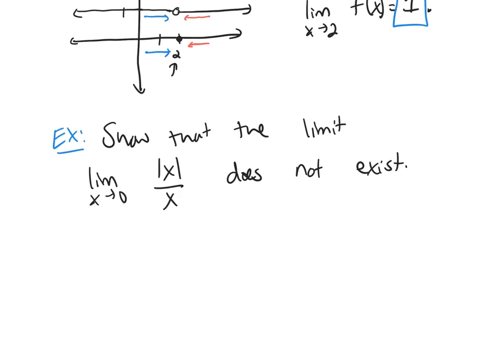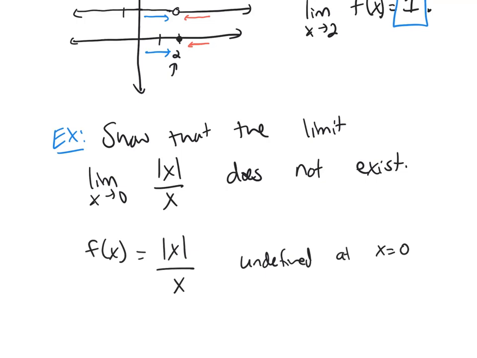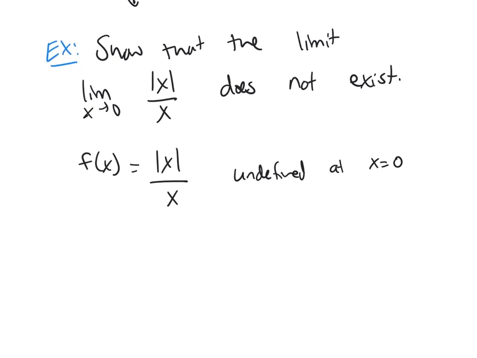So again, for this one, we're just going to look at it graphically. Let's graph the function, the absolute value of x over x. Remember that this function is undefined at x equals 0. So if I graph this function, what will my graph look like?